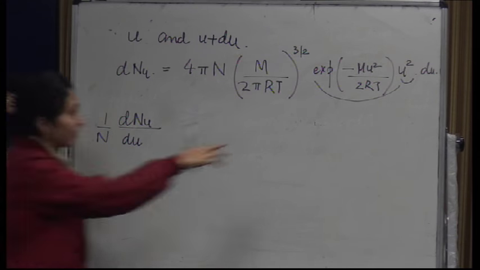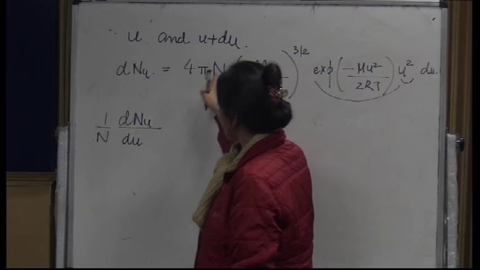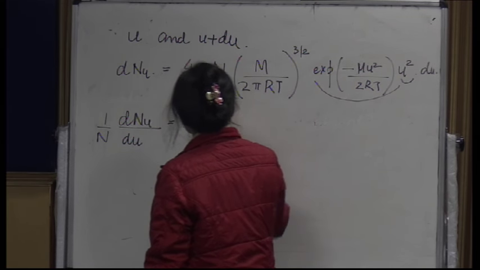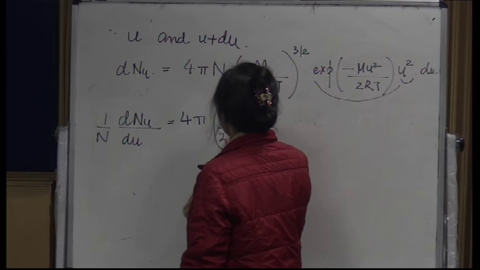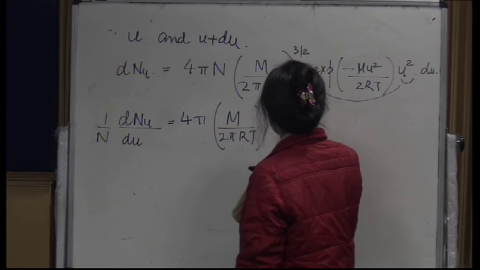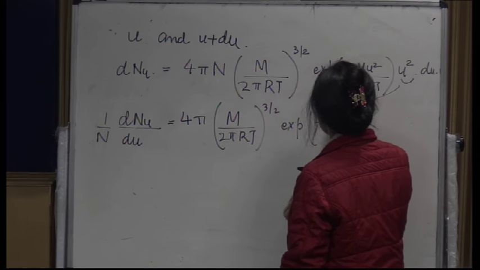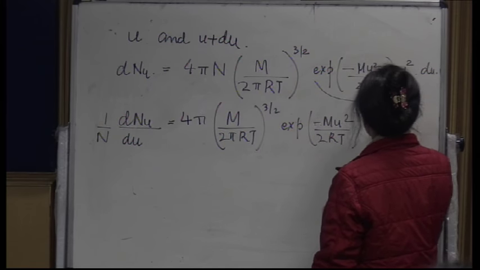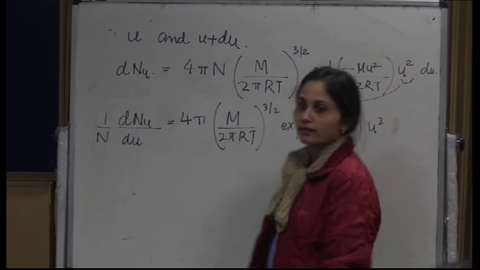I am taking du to the other side and I am taking N to the other side. So that is equal to 4 pi (M/2 pi RT)^(3/2) exp(-Mu^2/2RT) u^2, that's it.